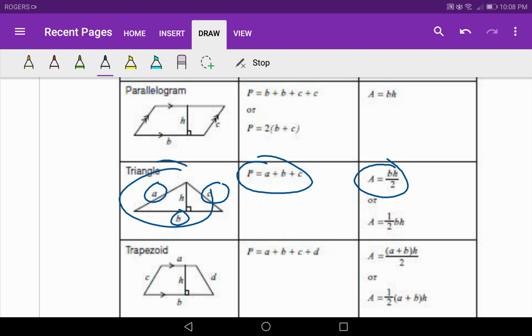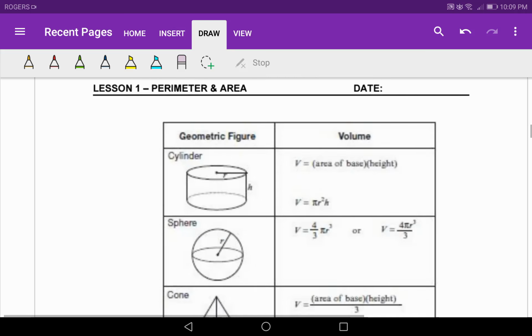If I add those together, I will get my perimeter. And then my area is the base of the triangle, which is right here, times the height, which is right there, so how tall the triangle is, and then divided by 2. I'm going to write those out, and then we are going to solve that question.